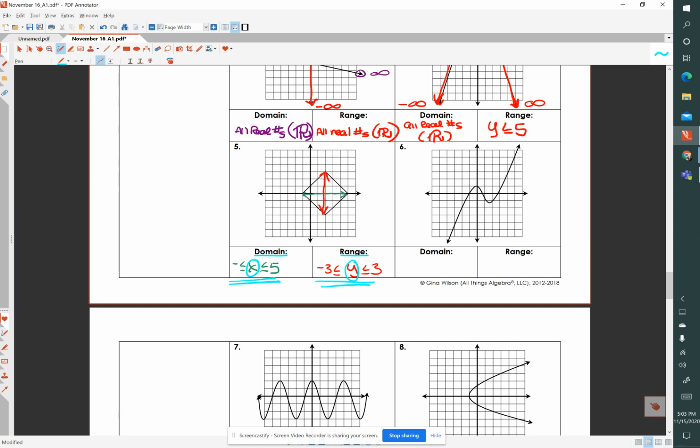Now, looking at this last graph, number 6, we see that this graph will go eventually to infinity, both in the domain, the x values, and in the range. So both the domain and the range would be all real numbers.